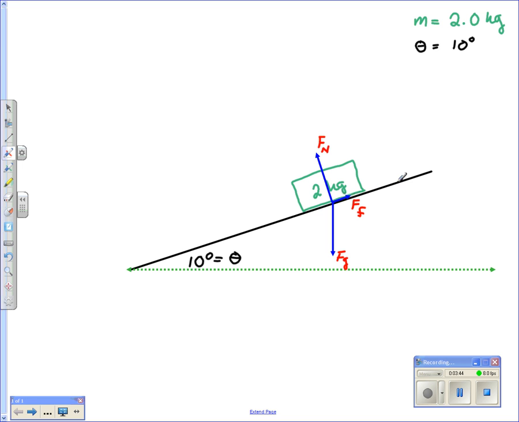Now, if we think about this box and the way it's situated, maybe we want to think about it as being on a flat surface. So I'm going to advance to the next slide here just to give you a perspective on what I'm talking about. Let's say that this is really the ramp, but we've rotated it sideways. And here is the box which we were analyzing.